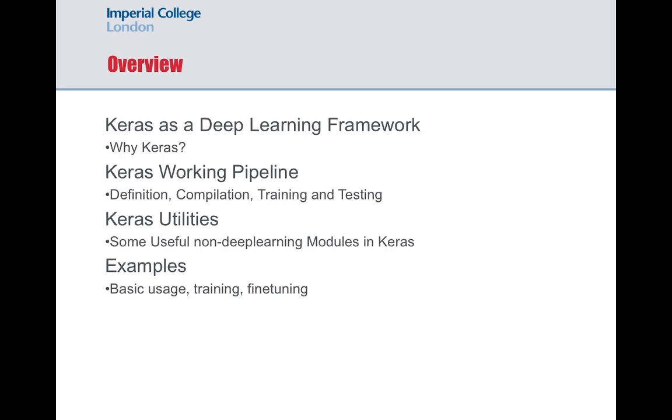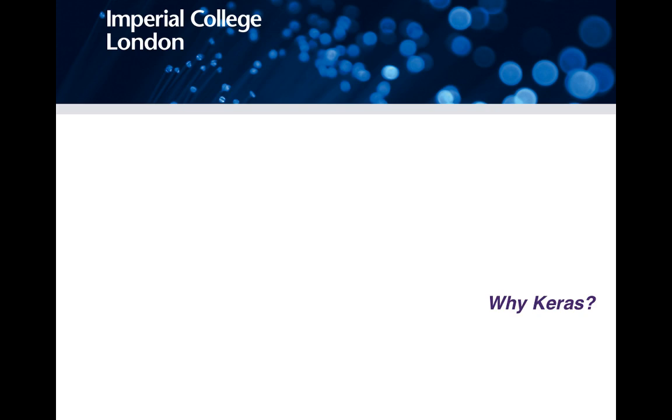I can show you a basic example using MNIST for digit recognition, and I'm going to show you a more difficult problem for classifying dogs and cats using some existing deep learning models, which is often referred to as fine-tuning an existing deep learning neural network. Okay, so far so good.